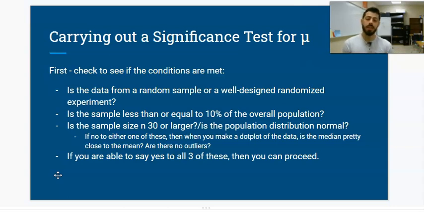If to either one of these questions the answer is no, then you're going to need to make a dot plot of the data, and if the median is pretty close to the mean, then you know that it's not going to be skewed very significantly in any situation, and as long as there are no ridiculous outliers, you should be good to go. Basically, if you can say yes to all three of these, with the caveat if number 3 isn't met, then you're good to go, and you can perform significance tests.